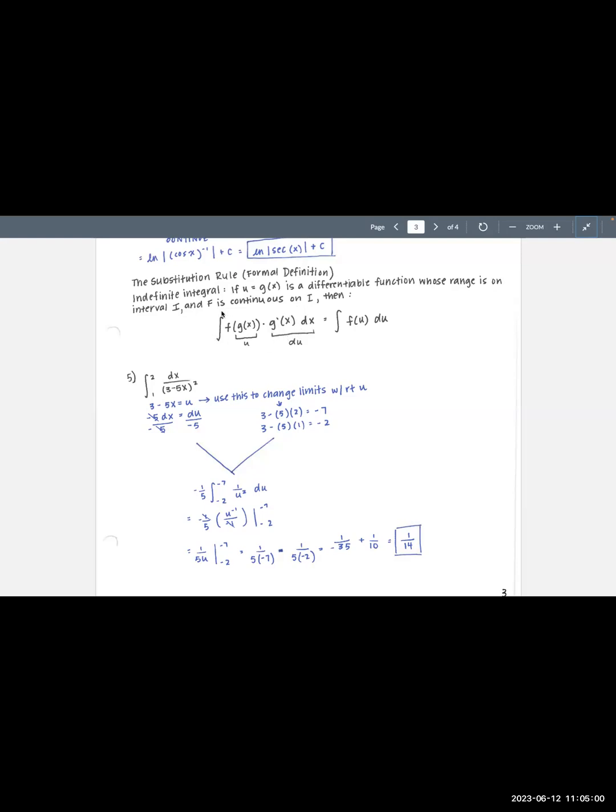So instead of calculating the big integral, you calculate integral of f of u du. So u must be differentiable function whose range is on interval I, and f to be continuous on I. So that's the formal definition, if you want to copy it.